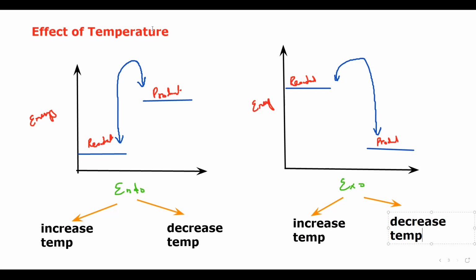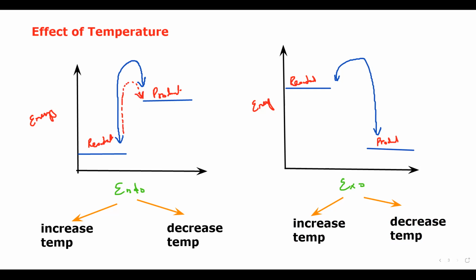So what will happen? First, for an endothermic reaction, if we are increasing the temperature, it means we are supplying more energy. So if we supply more energy, which reaction will it favor? Because the reactants have low energy and the product has high energy, the reactant will take energy and start to form more product.